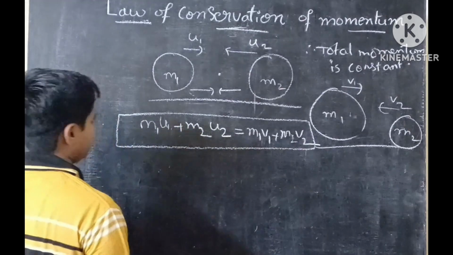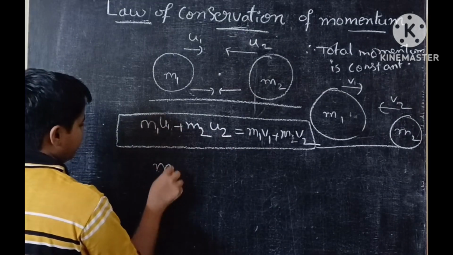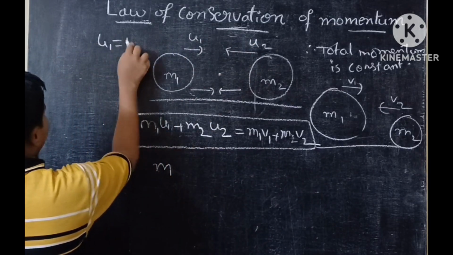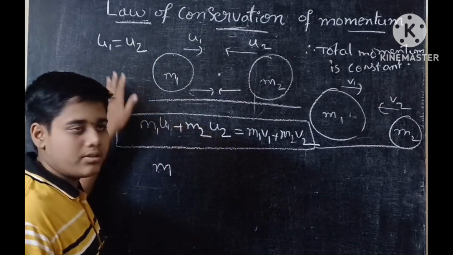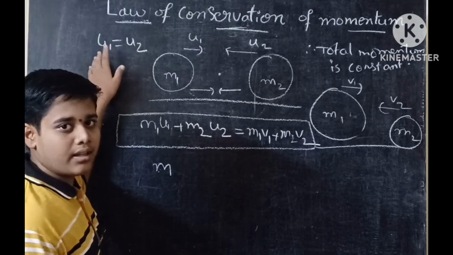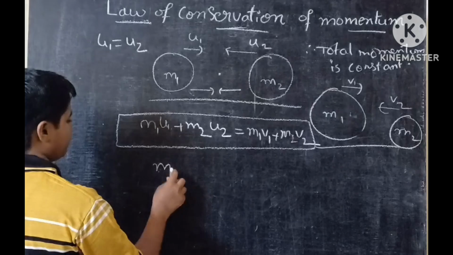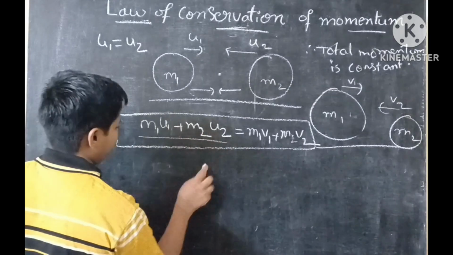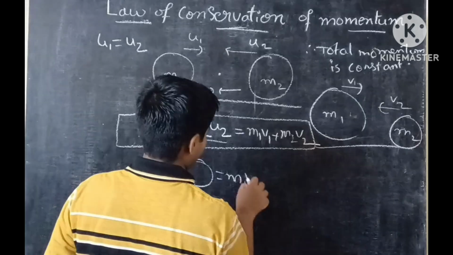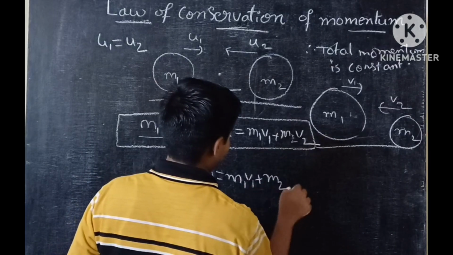Okay, so if I take u1 and u2 are equal and these are at rest, this whole term will become 0. So 0 is equal to m1 v1 plus m2 v2.